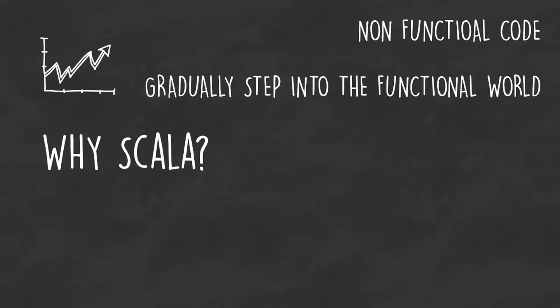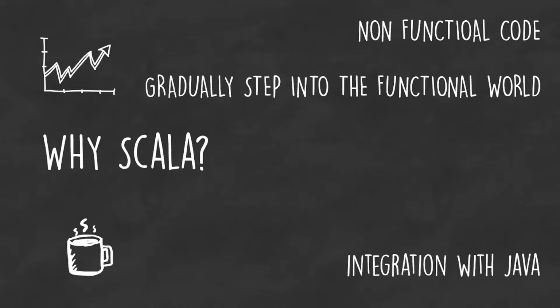And then you slowly start introducing more and more functional concepts in it until you're writing fully functional code. Okay? Other languages are more strict. They don't let you write non-functional code. So the transition is much more sudden, right? Whereas with Scala it's more gradual. And the other advantage is that it has good integration with Java. Right? You can use whatever libraries you're using already with Java, and they will work, right?